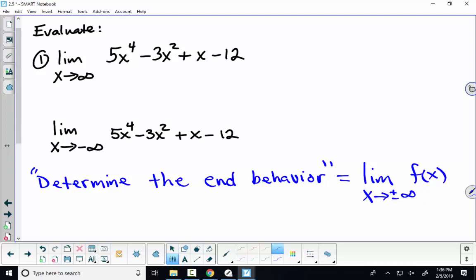So what we're saying is that only because x is getting larger and larger, this limit can be evaluated just by taking the limit as x approaches infinity on the leading term, 5x to the fourth. All of the lesser terms are very insignificant when x is getting larger and larger and larger.